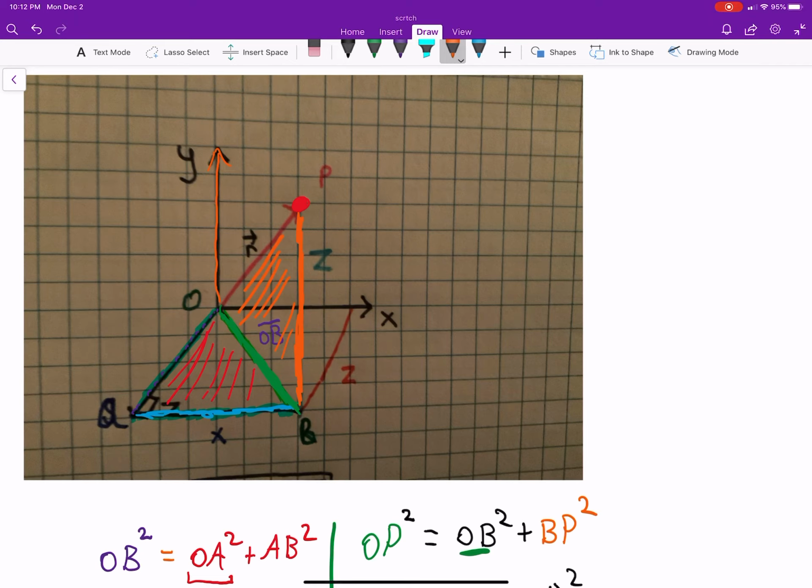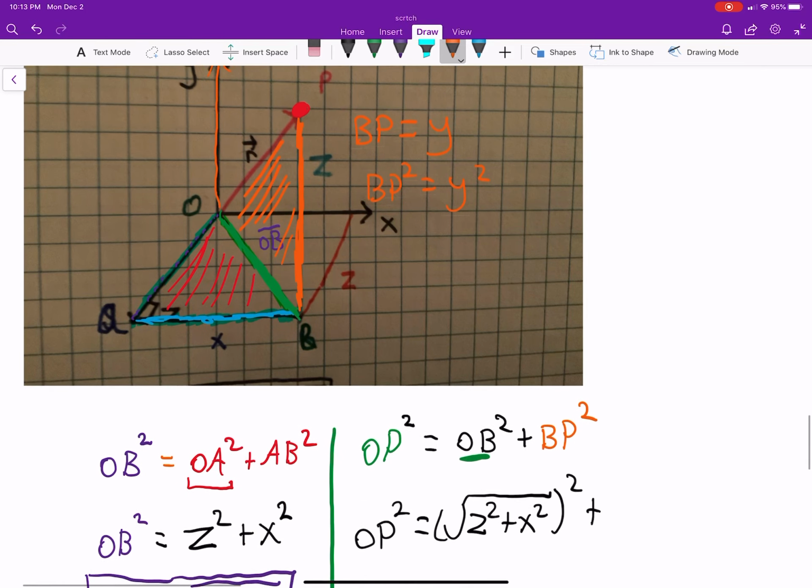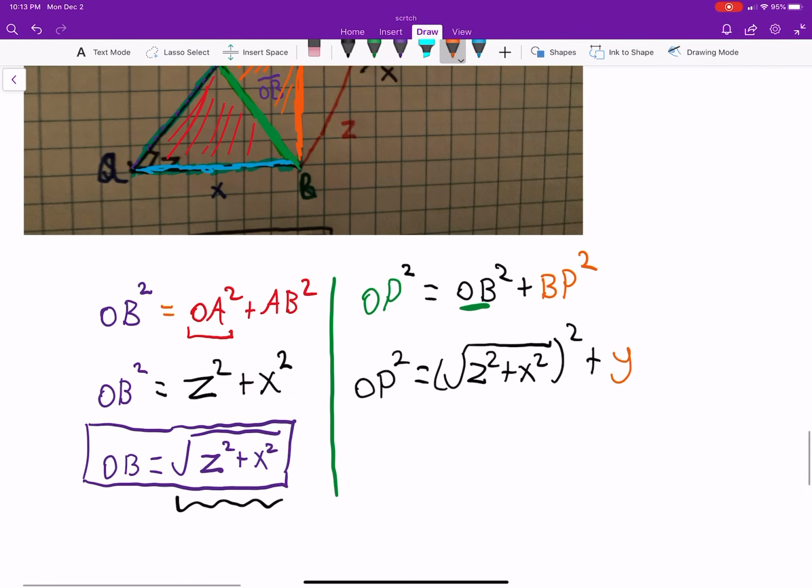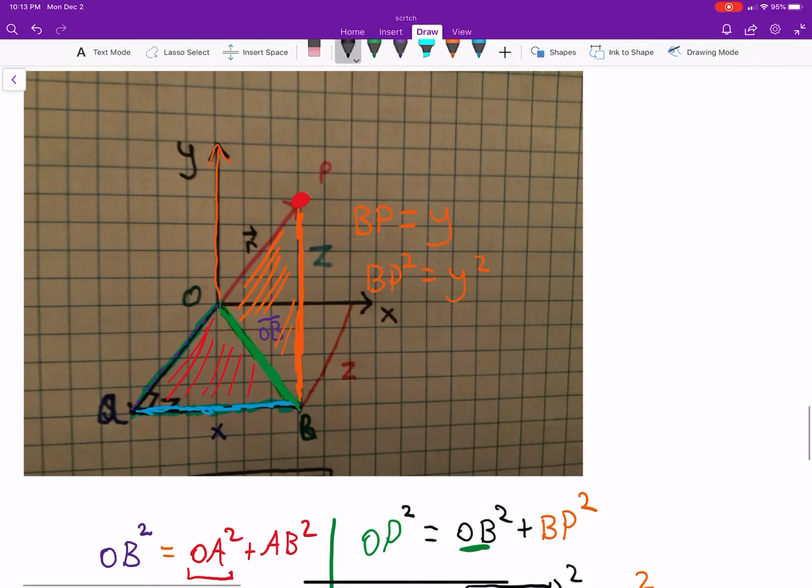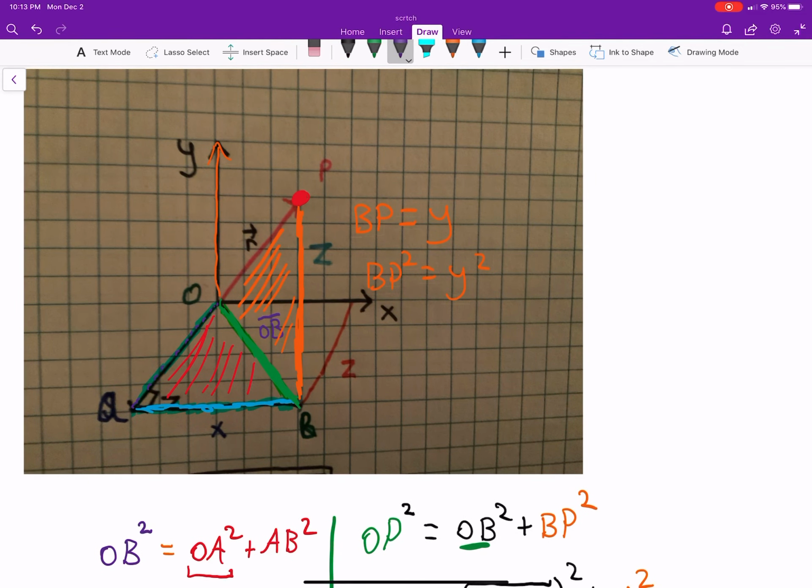So BP is really just y, and BP squared is y squared. And OP, this distance, is really just vector r, isn't it?